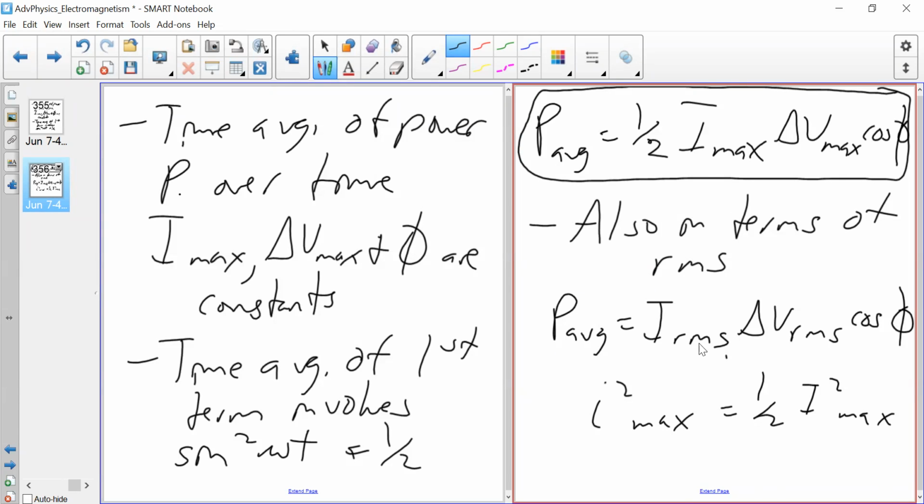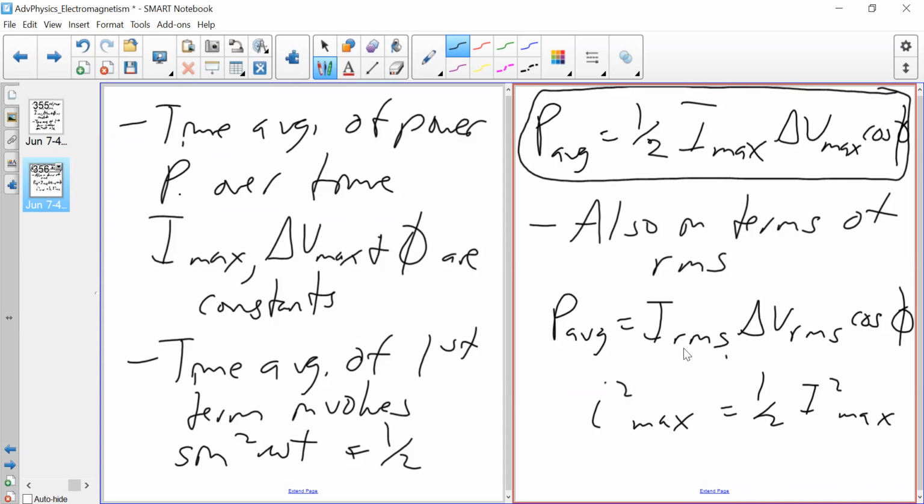But we put RMS here simply because we're looking at the average over half of a cycle. And so we just basically substitute that as RMS because we're looking at the average of that. So we don't get radical 2 here.